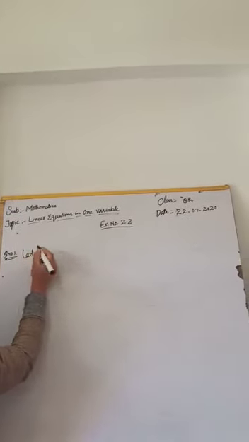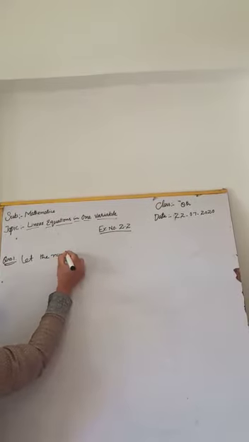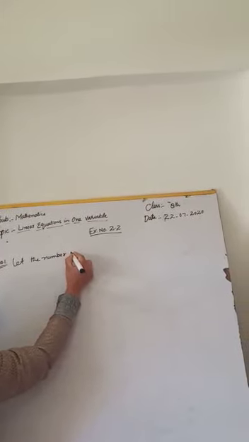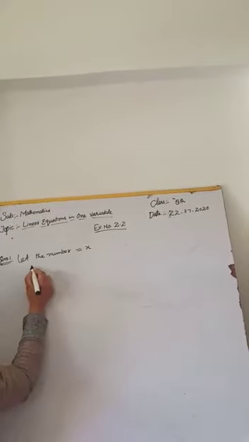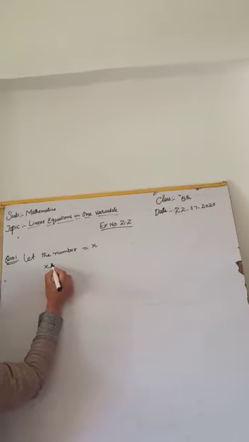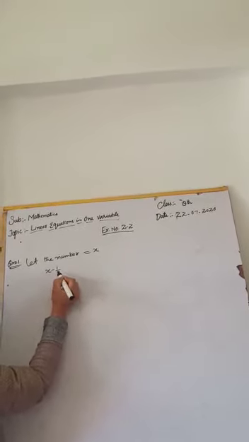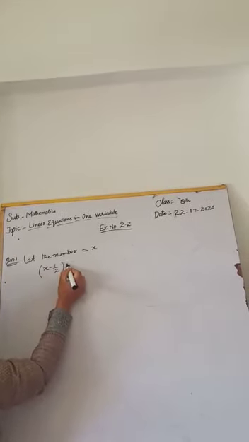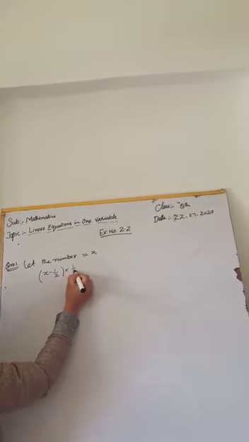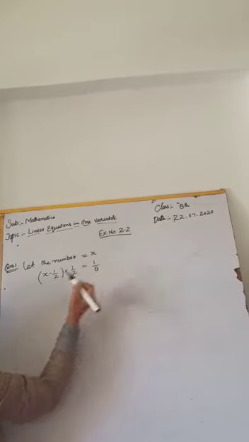Let that number be equal to x. According to the question, we have to subtract 1 by 2 from this x, and we have to multiply the whole result by 1 by 2, and we will get 1 by 8.